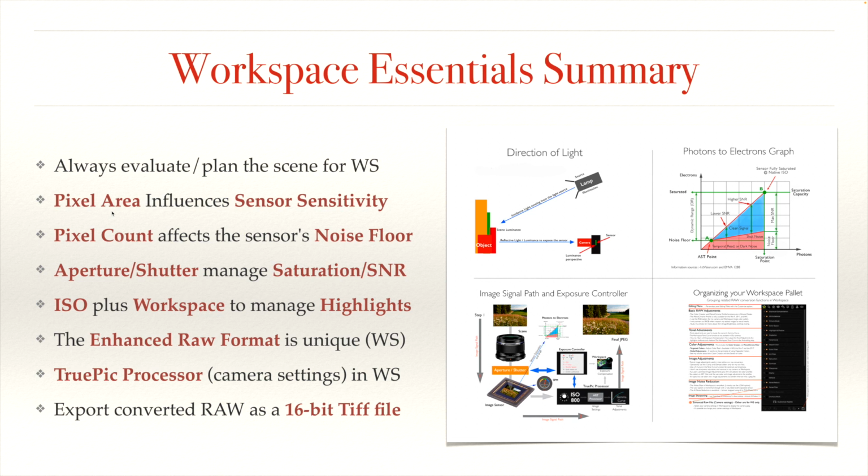So pixel area influences sensitivity, like better shadow noise. Pixel count affects the noise floor. More pixels add more noise. So would a Sony A1 be that much better in the shadows than an EM1 or OM1?